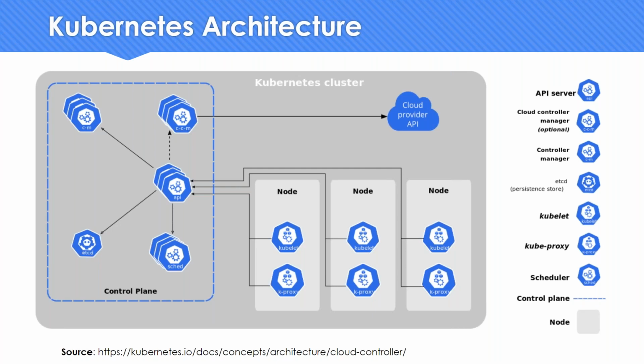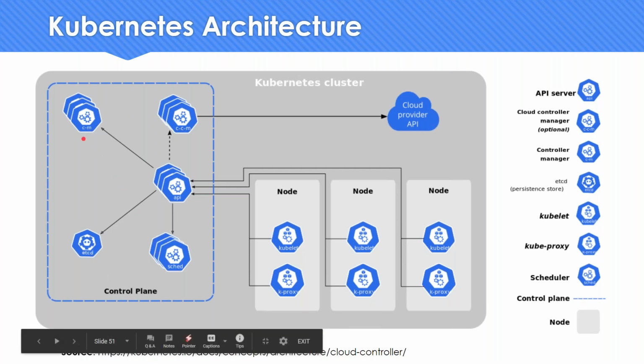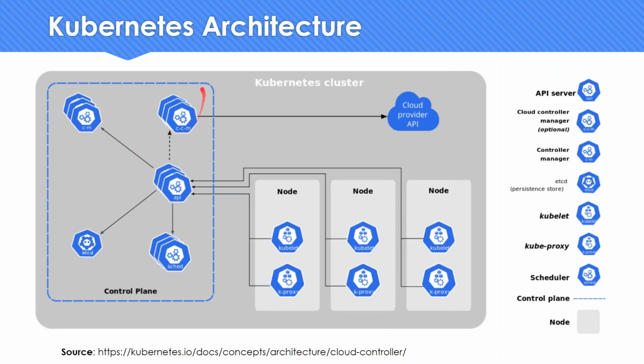And there are a few other components like etcd, which is a persistent key-value store which you use to keep all the details of Kubernetes. And you have a scheduler, a controller manager and a cloud controller manager. Specifically, if it's on cloud, this component is going to come. If you're deploying Kubernetes on-prem, it's only these four components that come into the picture. This is your control plane, basically, the master.